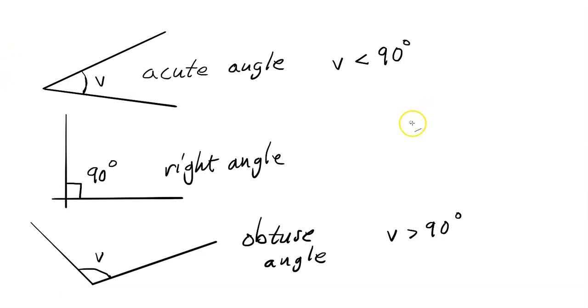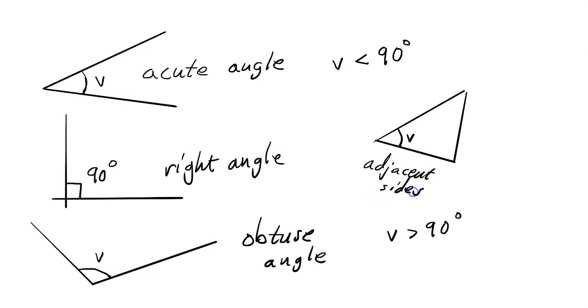And then if you have, for example, a triangle, then you have an angle here. These sides in the triangle are called adjacent sides to the angle.